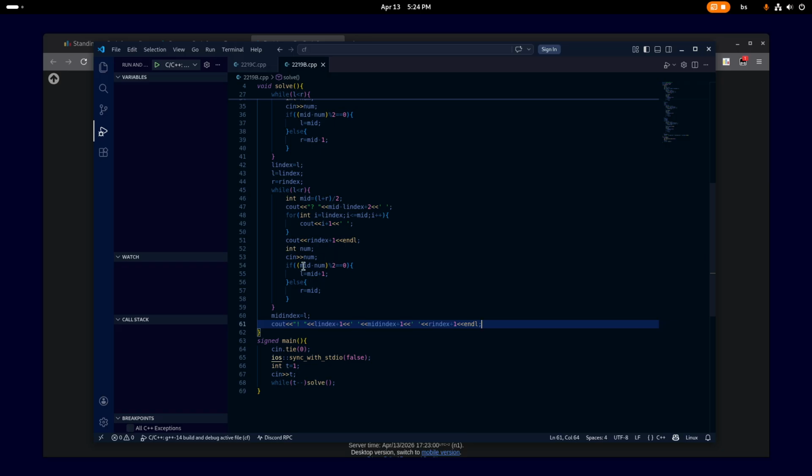Okay, I think the problem is here. Depending on the left index, this mid, like 100% this is the problem.